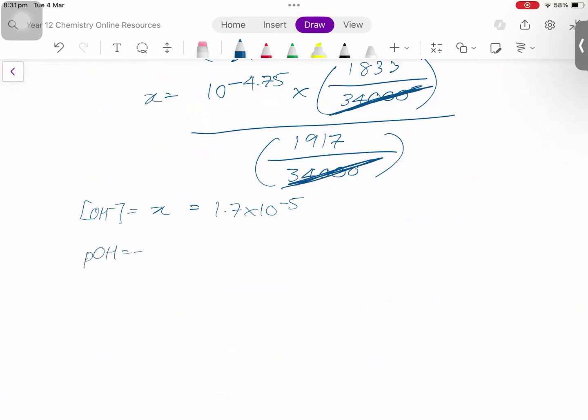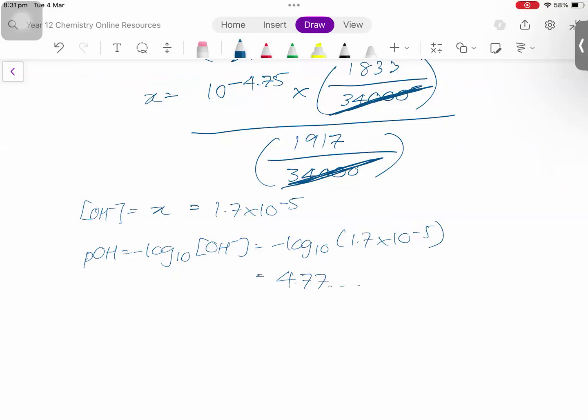So pOH is negative log base 10, OH minus, which is negative log base 10, 1.7 times 10 to the minus 5. What do I get for pOH? 4.77.